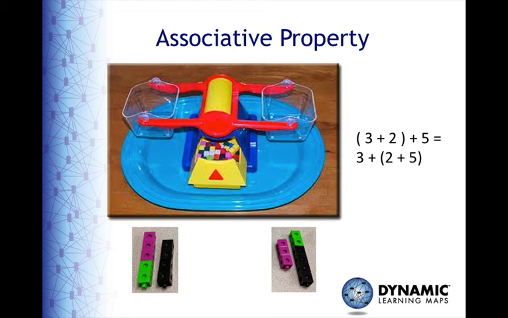Again, use the pan balance and unifix cubes to model how the associative property works. On the left side of the balance, place 3 pink cubes on top of 2 green cubes next to 5 black cubes. On the right side, place 3 pink cubes next to 2 green cubes on top of 5 black cubes.